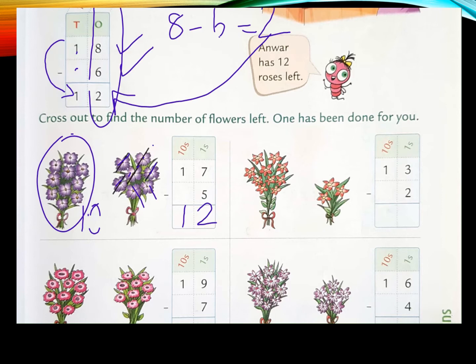Thirteen minus 2. You have 13 flowers here and then you cut 2. So how many are left? This whole bunch has 10 and this one is 11.